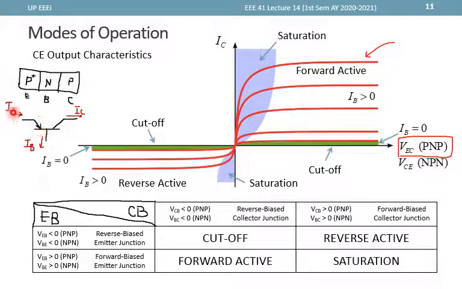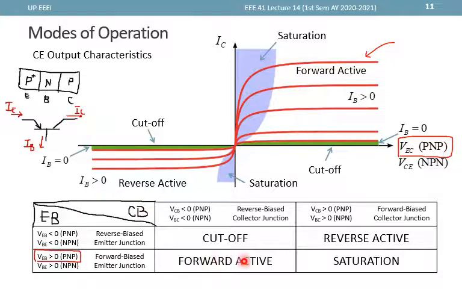Here is its symbol and current notation. Again, for the forward active case, the EB junction is forward bias. So if we look at the table here, for the forward active region, the EB junction is forward biased, and specifically for PNP, VEB must be greater than 0, since E is the P side and B is the N side, and we want it to be forward bias, so that must be greater than 0.